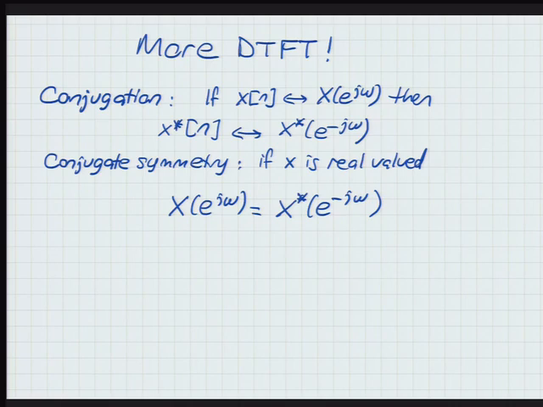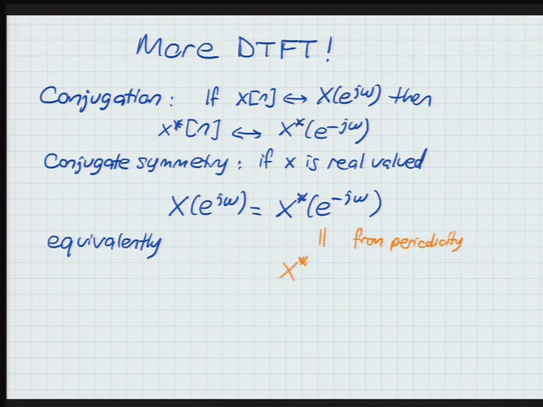Now remember, this is something that CTFT doesn't have, that DTFT has. It is periodic with period 2π. So I can say a little more than this, or I can state this equivalently. I can note from periodicity that this is the same as X*.